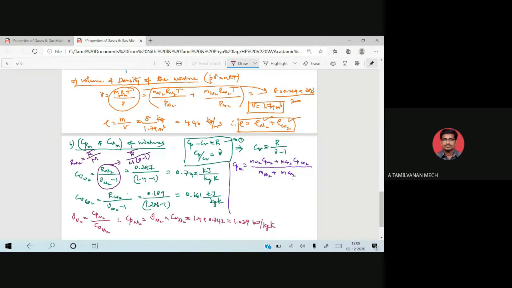Then next we have Cp of CO2 is equal to gamma of CO2 into Cv of CO2. Gamma of CO2 is 1.286 and Cv of CO2 is 0.661. Finally, you get the Cp of CO2 is equal to 0.85 kilojoule per kilogram Kelvin.